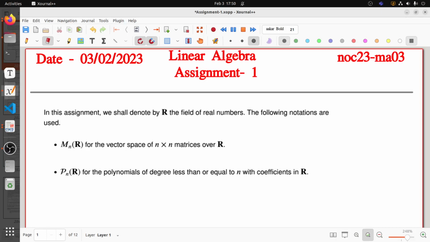This is R2, with (0, 0). Saying that there exist, what is the question? There exist three distinct vectors in R2 which do not span R2.